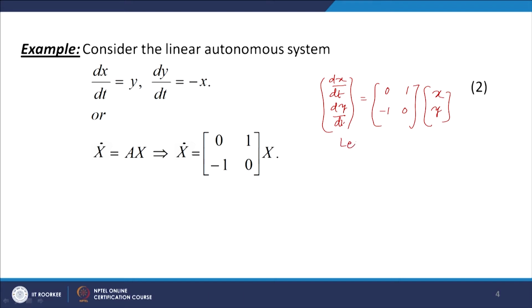So, let us take vector x to have components x and y, then we can write it as x dot equal to Ax, where A is the 2 by 2 matrix [0, 1; -1, 0].